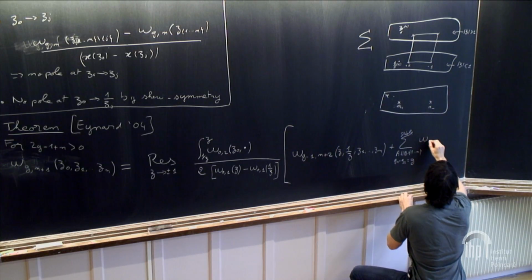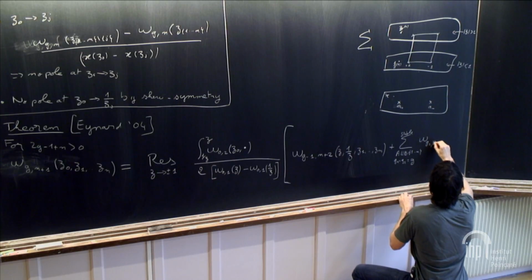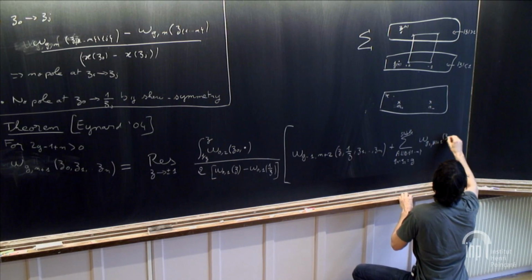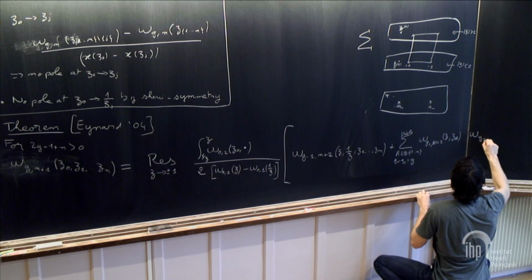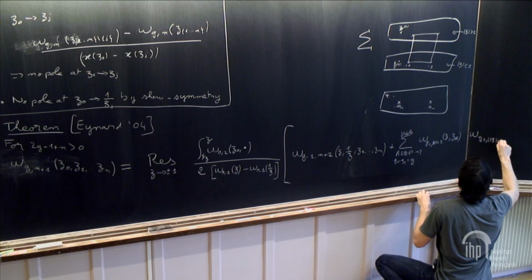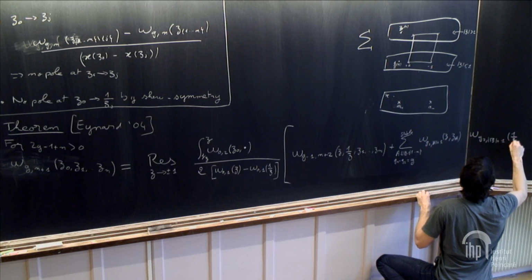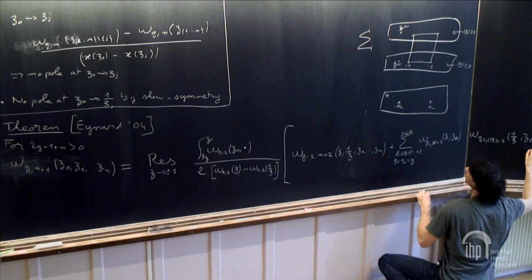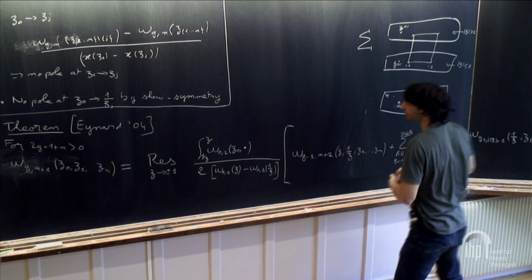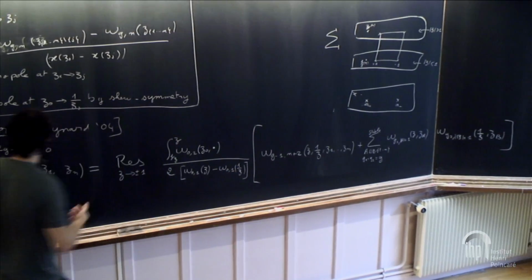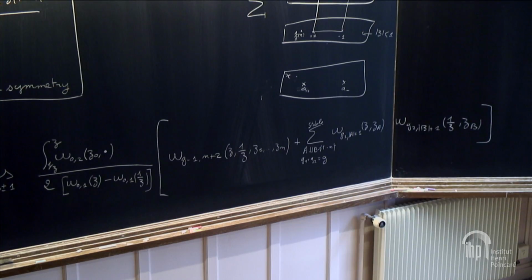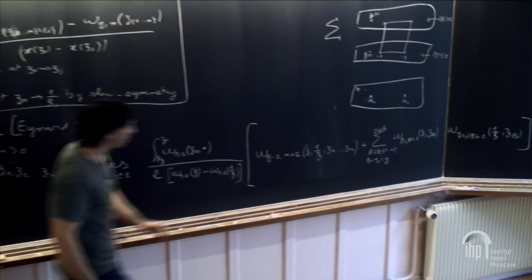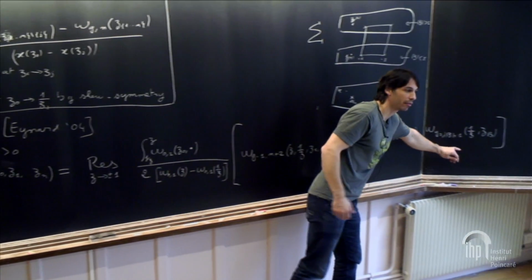And here you've got 2 factors, omega g1, a plus 1 of z, a, omega g2, b plus 1 of 1 over z, b. Now if you look at the Euler characteristic corresponding to this quantity, you can see that it is strictly smaller than the Euler characteristic corresponding to any of them.